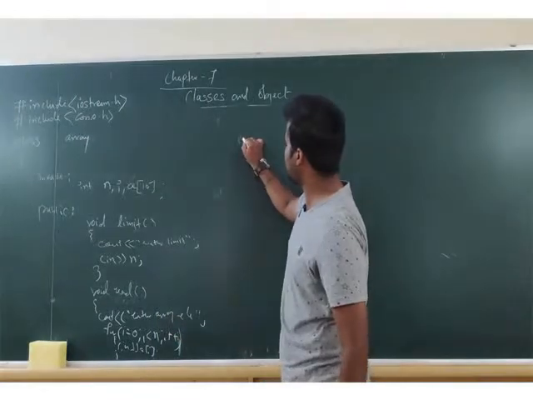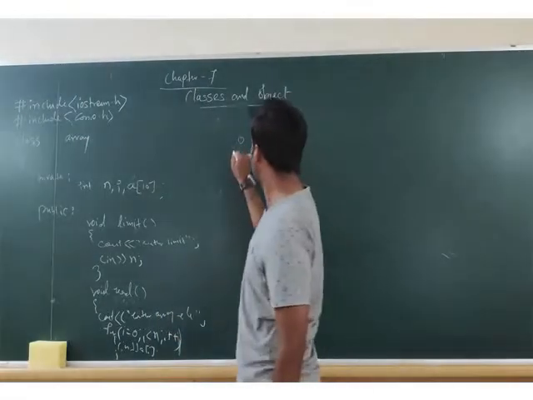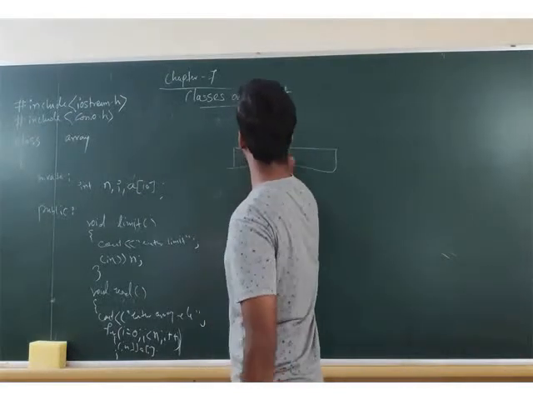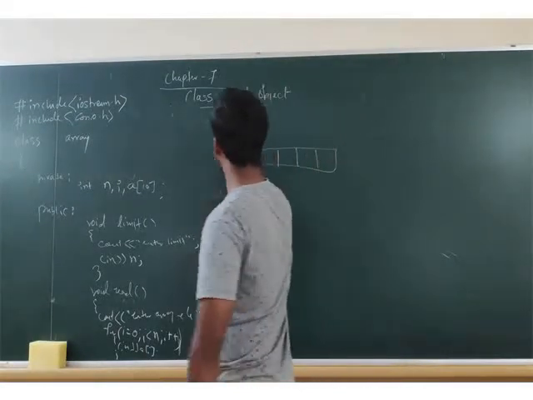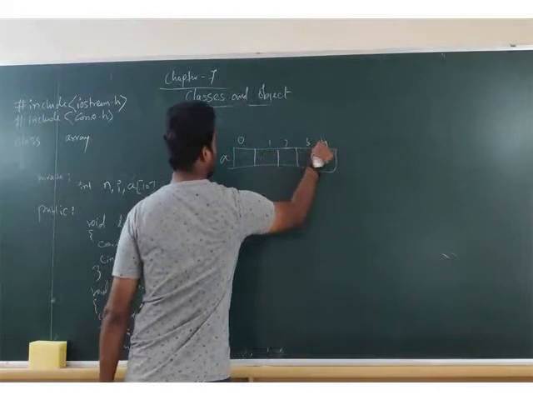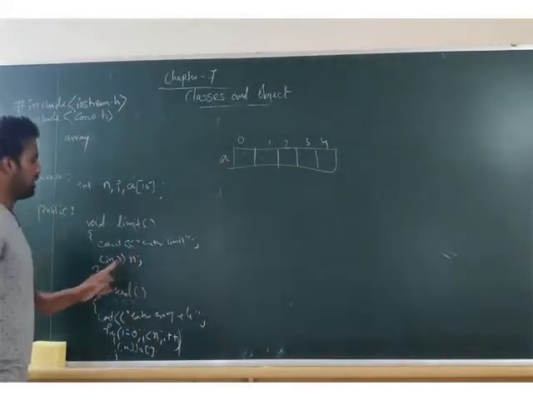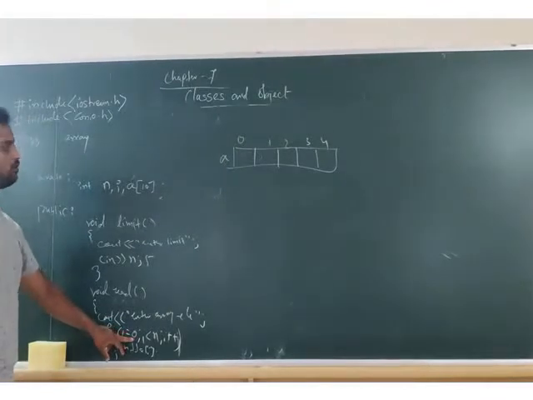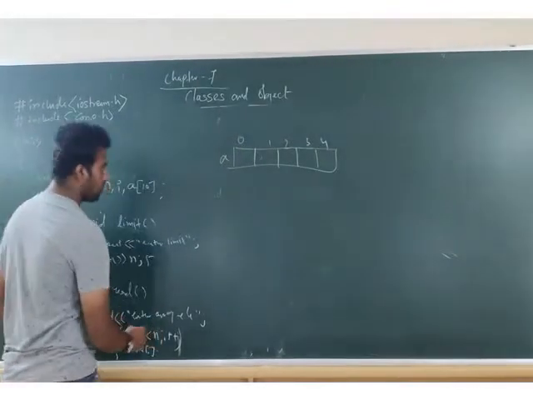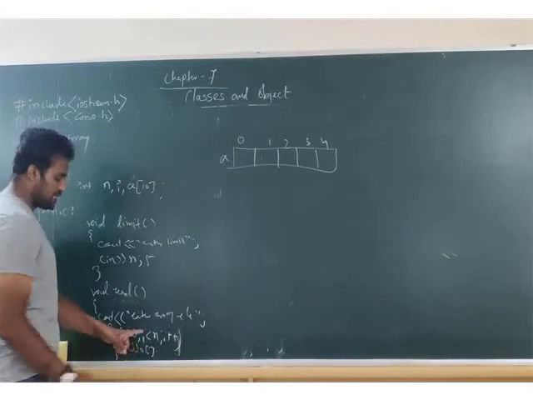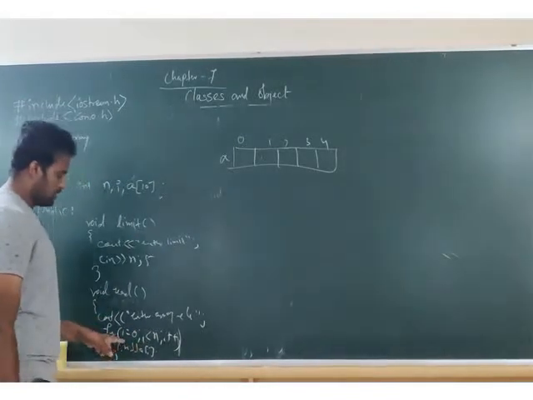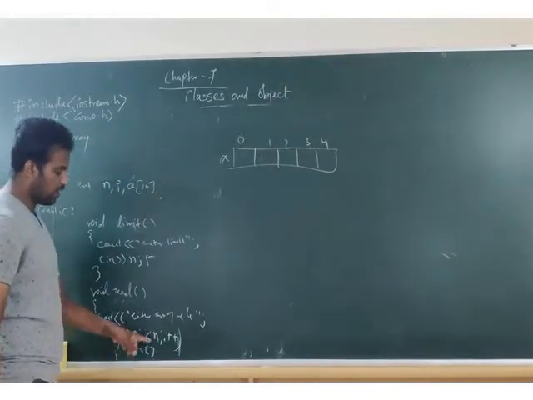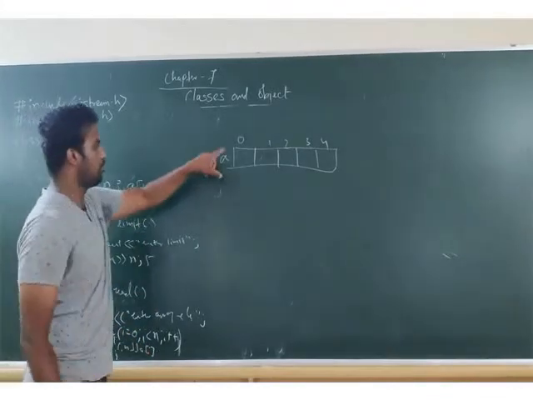First it starts with 0. See, I give the nth term as 5. i is equal to 0. 0 is less than 5, condition true, so input a of 0.